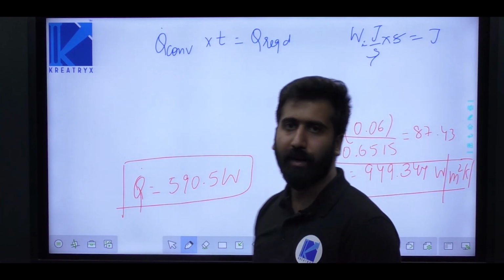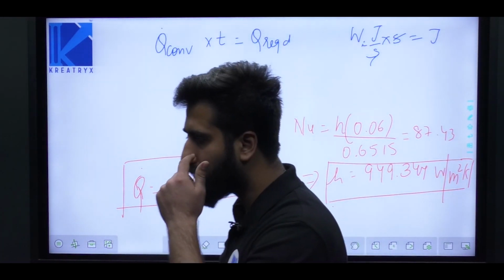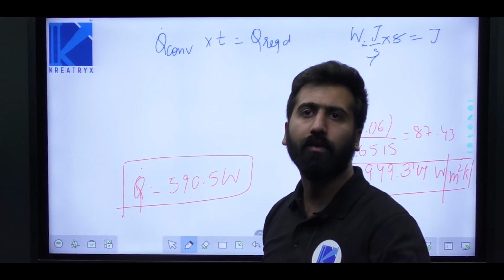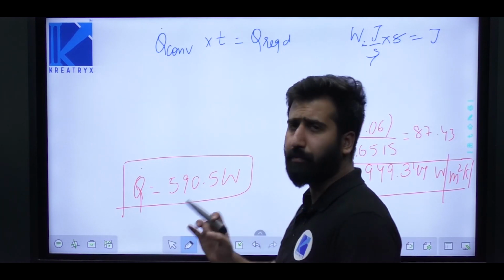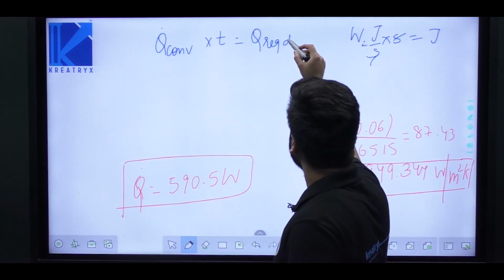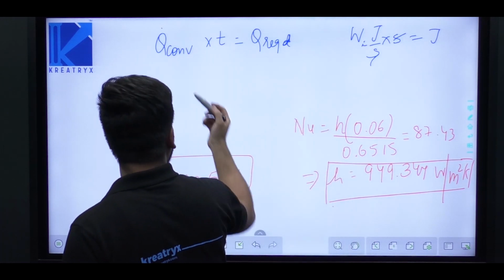We can just play with the units. That is why I always tell you to take care of the units. If you are clear with your basics, you can solve any question. So Q convection is 590.5 watt.